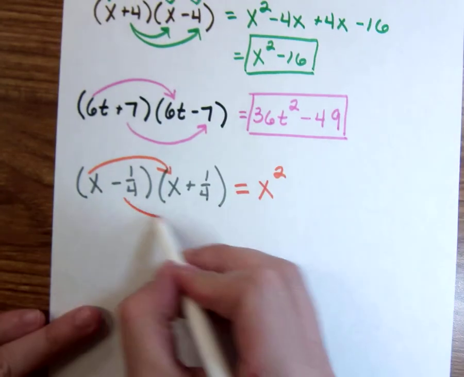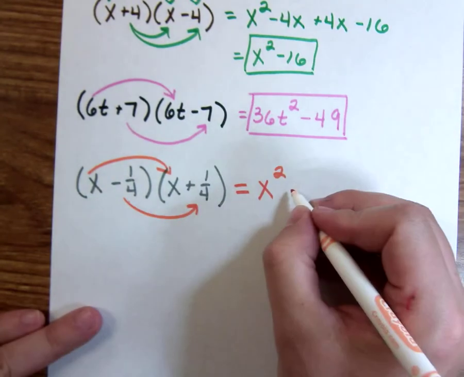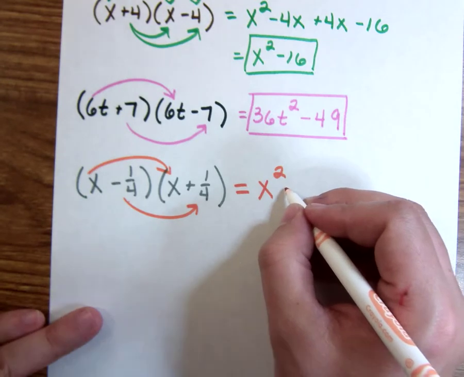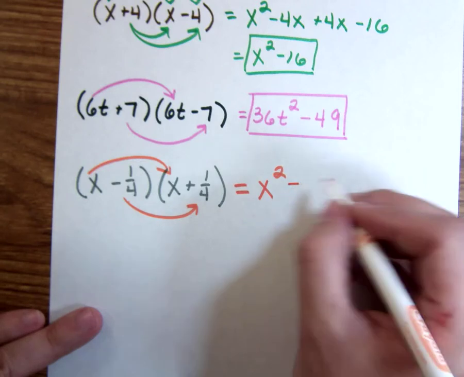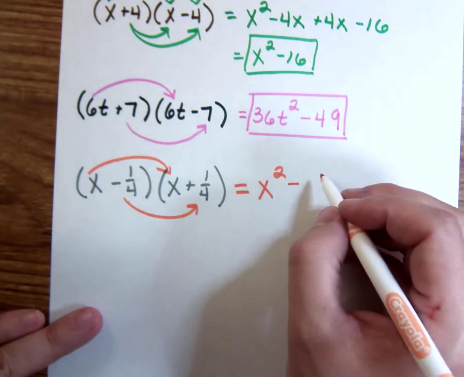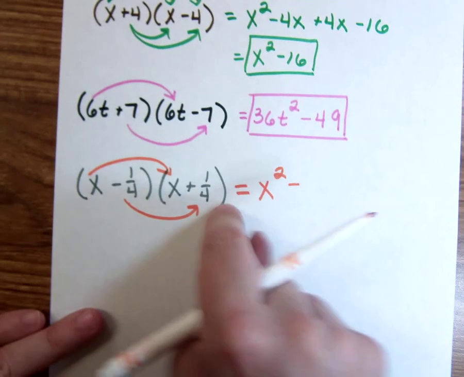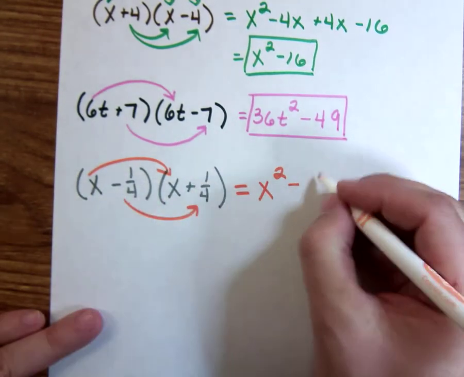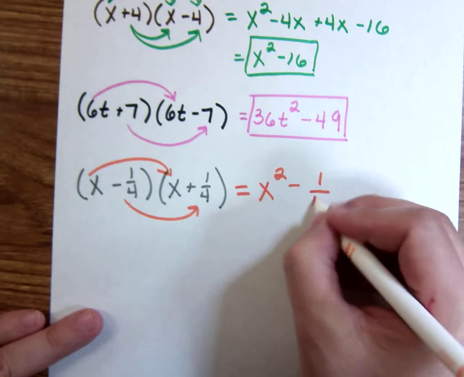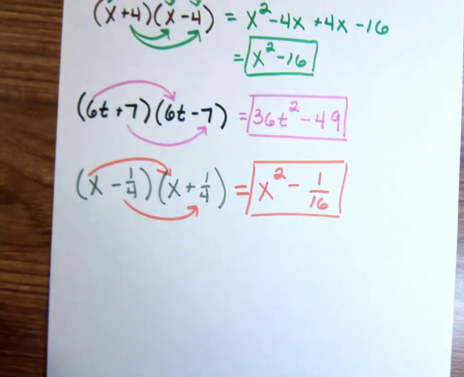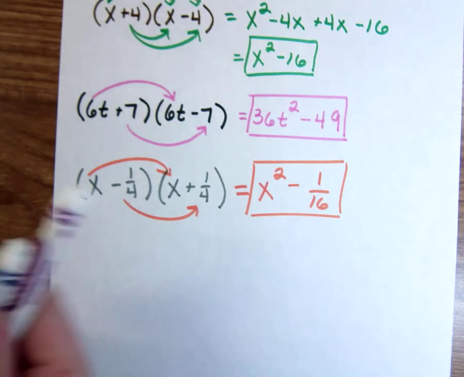Multiply the last things. A fourth times a fourth. Well, it's a negative times a positive, so it's going to be negative. A fourth times a fourth, so we do 1 times 1. Oh, 1 over 16. 4 times 4 is 16. That's awesome.